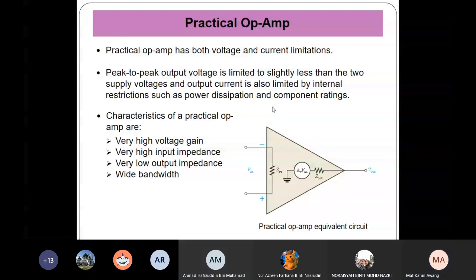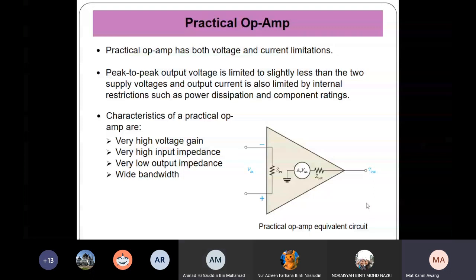Because you have some dissipation, some drop in the voltages, because Z out is not zero. So you have some voltage drop here. The output voltage is here, and you have some resistor here, the load.